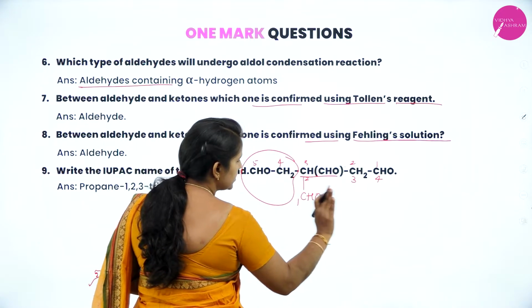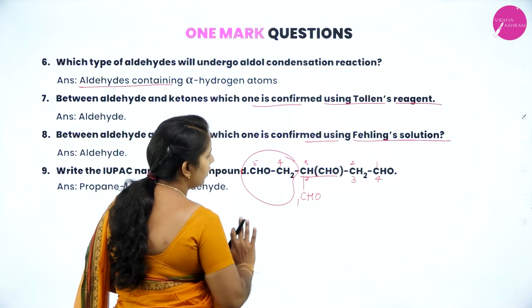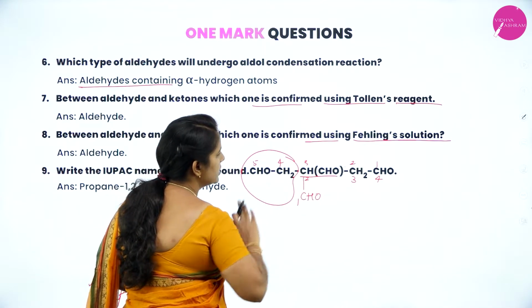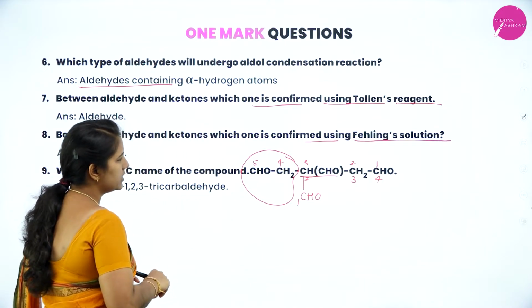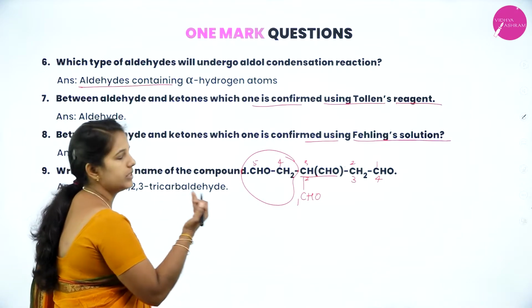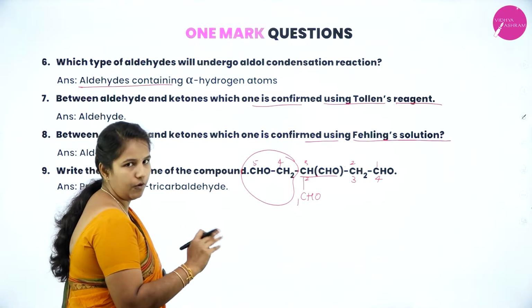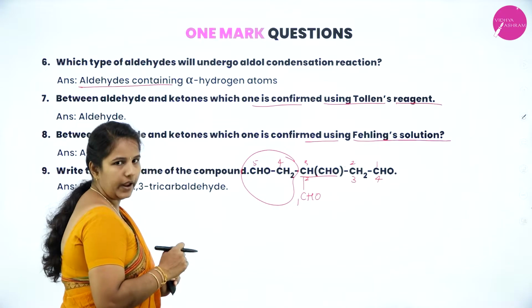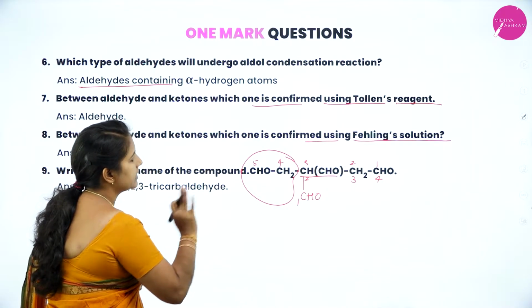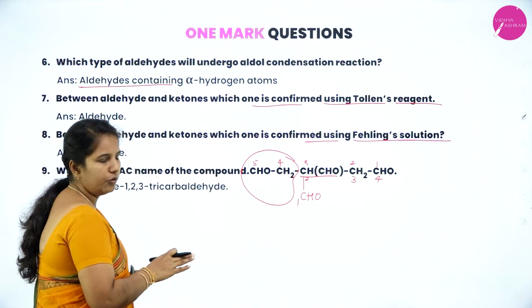So there is no substituent group, so directly we are counting the number of carbon atoms. There are 3 carbon atoms in the chain, so it is prop. Why is it propane? There is no double bond or triple bond, so directly we can say it is propane. The primary suffix is alkane, and the secondary suffix is the functional group you have to see.